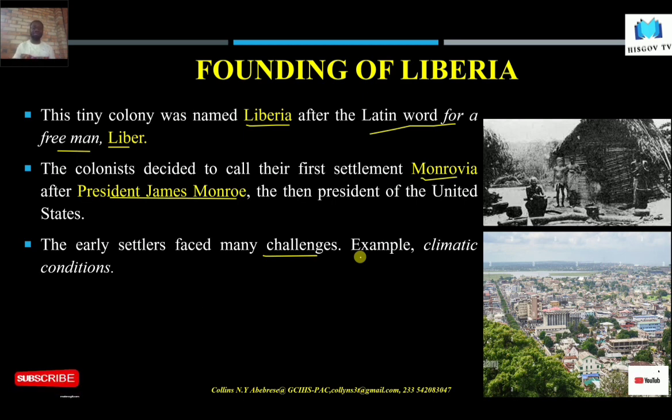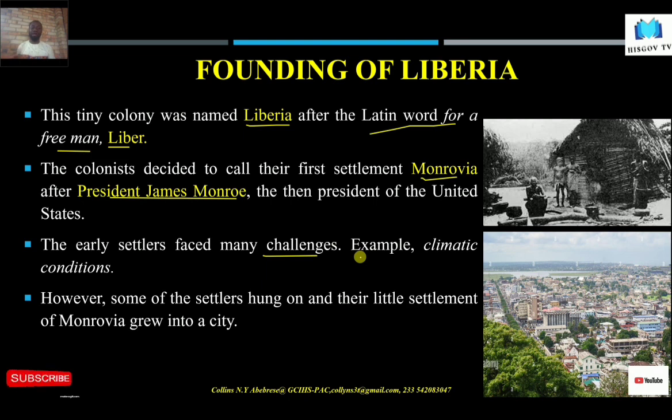But some also hung on and stayed there, because going to a land of abuse where people would abuse you and discriminate against you, it's better to leave that area to protect your dignity than to stay in the US and be treated like a non-human being.